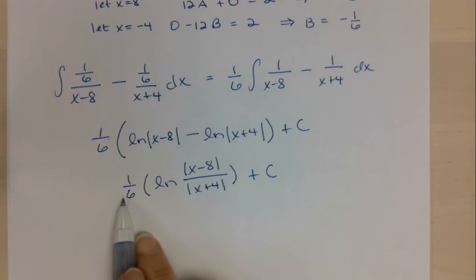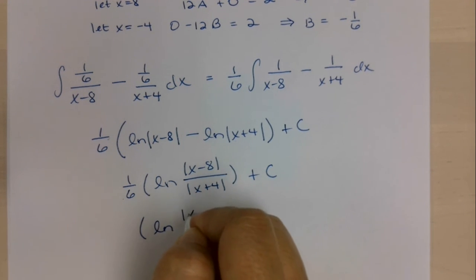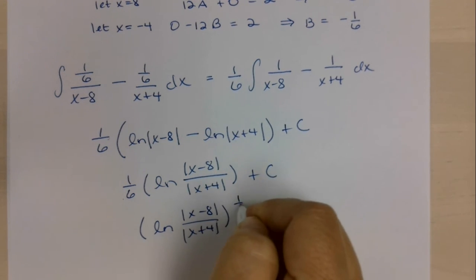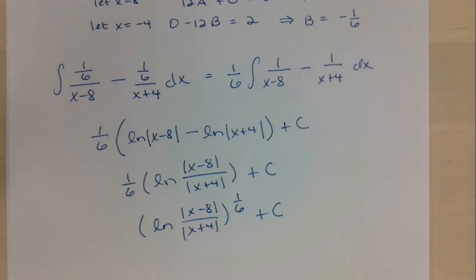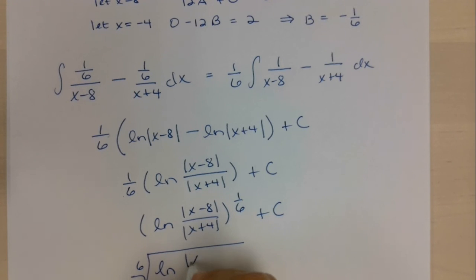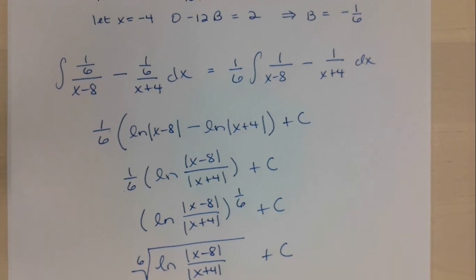We could also make this 1/6 an exponent. Or, remember, if we have a fraction exponent, that could be written as a root. This would be the 6th root of the natural log of x minus 8 over x plus 4, both still in absolute value, plus c.